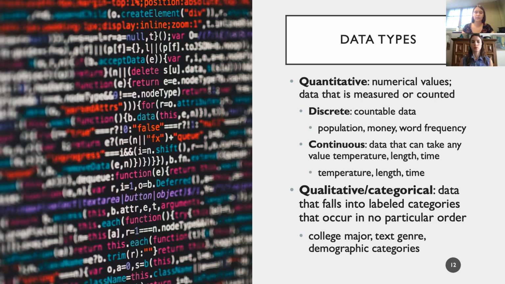And this category of college major would be a qualitative variable. You get this a lot when you're working with data that focuses on people, so with doing demographic information. So this can be anything like gender or race or ethnicity, things like that. So these are the two main types of data, and which ones you're working with are going to govern the types of data visualizations that are most useful.